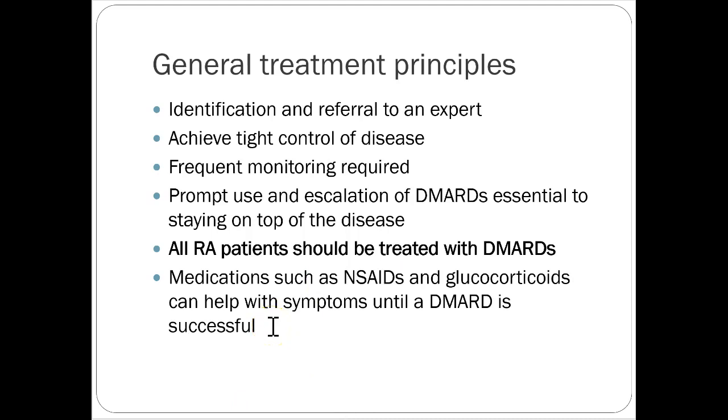Drugs that we talked about for osteo, like NSAIDs and even intra-articular injections, or to the point of maybe systemic steroid injections, may come into play as well to help with symptomatic things, especially if a patient is having profound symptoms initially and you're waiting for the DMARD to really take effect. And these can take a few weeks to even months to start working. So bridging somebody with NSAIDs or systemic glucocorticoids might be an option.